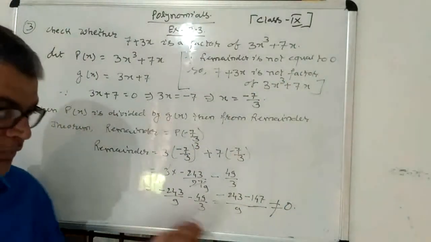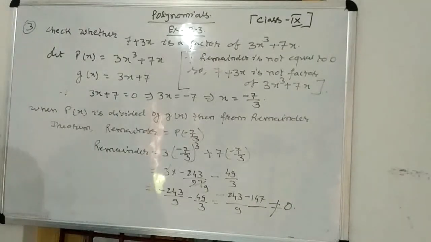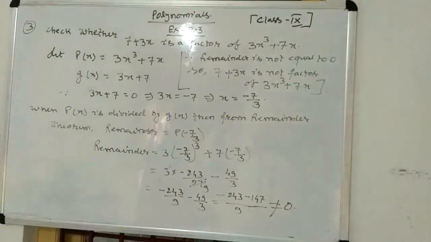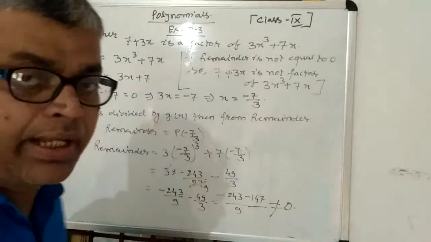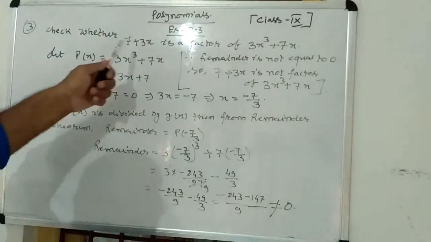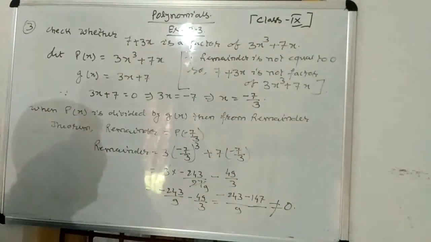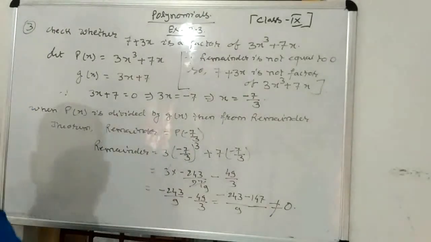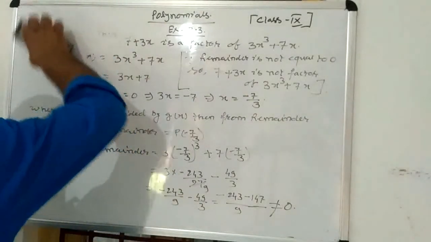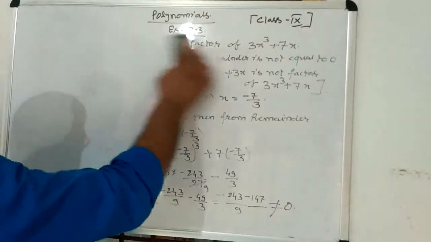If the remainder comes 0, then it will be a factor, and here the remainder is not 0, it is some real number. Hence it is clear that 7 plus 3x is not a factor of 3x cube plus 7x. So your exercise 2.3 is now completed.